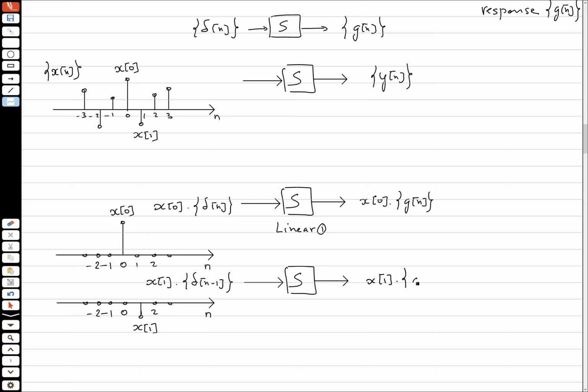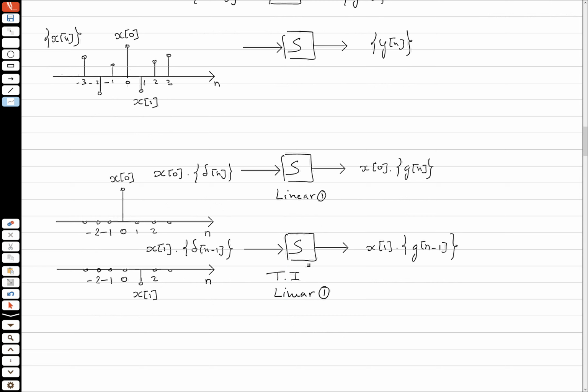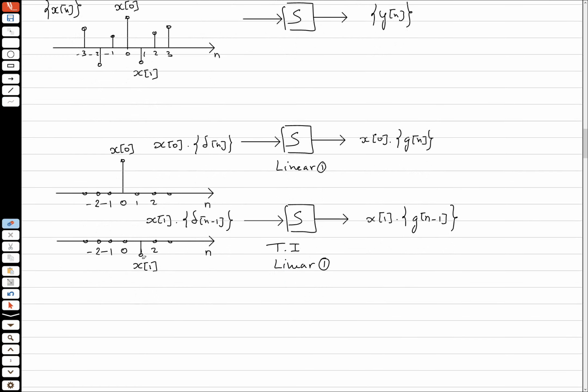Times what? g of n minus 1. Why can we claim that? Yes, we use both time invariance and linearity. Time invariance and linearity, property 1.